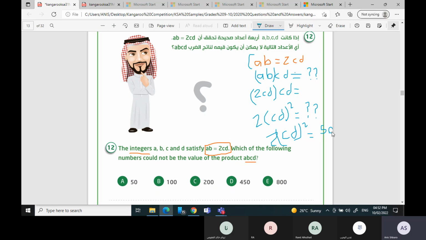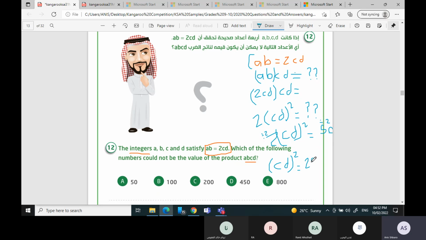Now, let us divide by 2 on both sides, or you can simply use the cross product. So, divide by 2 on both sides. We are dealing now with C multiplied with D, all of it power 2, is equal to 50 divided by 2, which is 25.